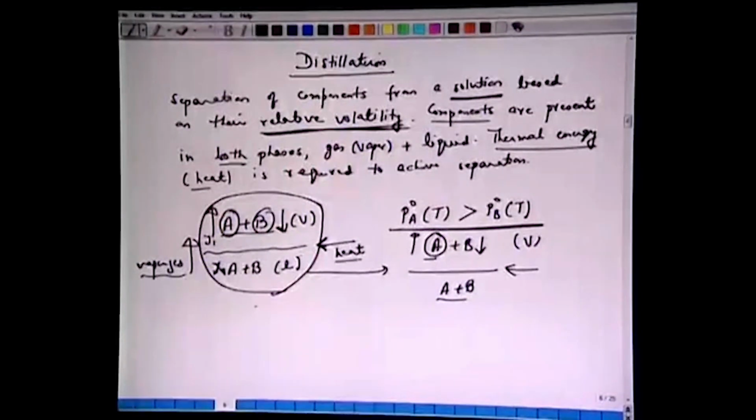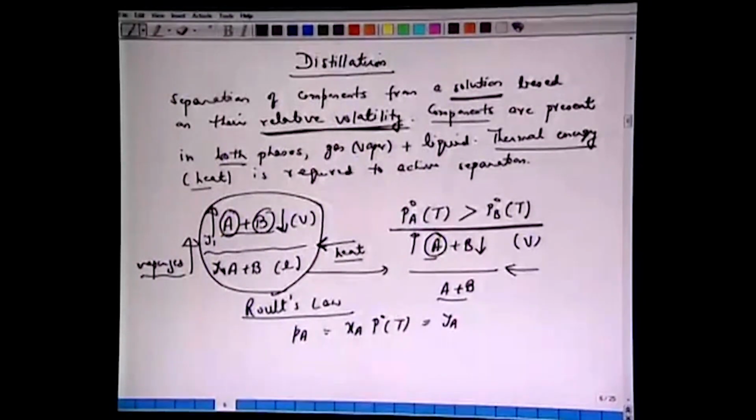We can still apply Raoult's law. All right. So Raoult's law is applicable to obtain this partial pressure of A as function of mole fractions and the vapor pressure, and also related to the mole fraction in the gas phase, vapor phase and in the liquid phase.